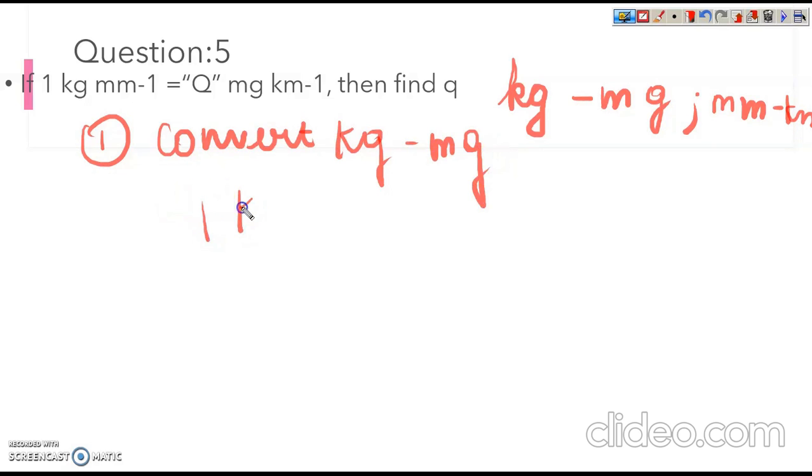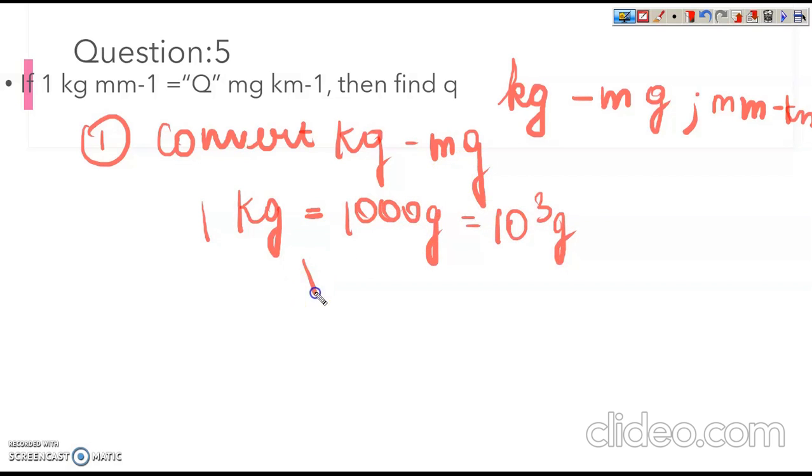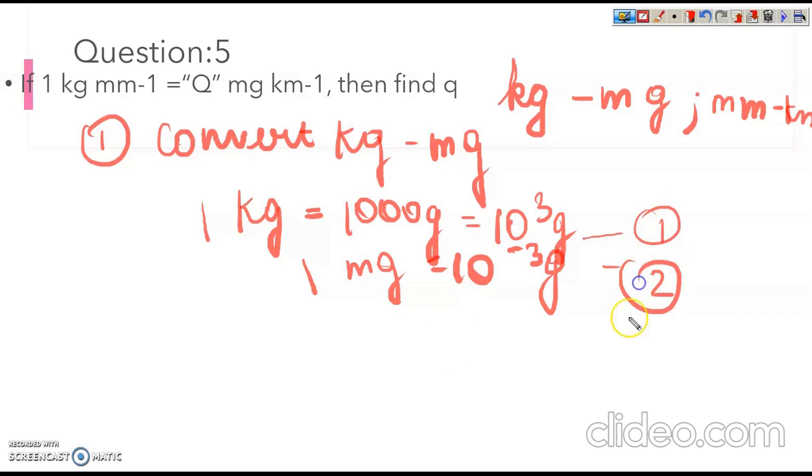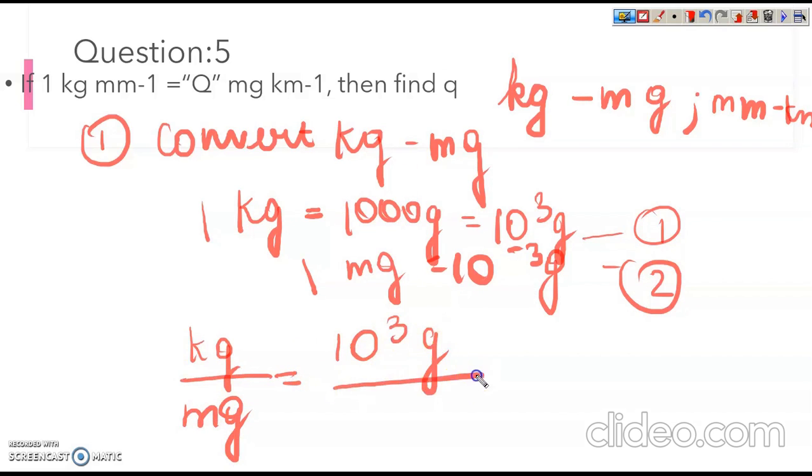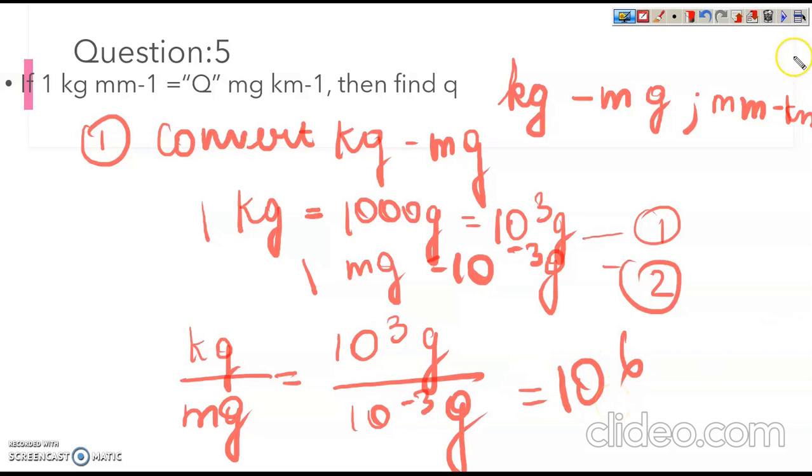We know that 1 kg is 1000 gram, which is 10 to the power 3 gram, and 1 milligram is 10 to the power minus 3 gram. This is equation 1, this is equation 2, and now we will divide equation 1 by 2, which will be kg over mg. Then we will get 10 to the power 3 gram over 10 to the power minus 3 gram, which is 10 to the power 6. We got this. This is step 1.